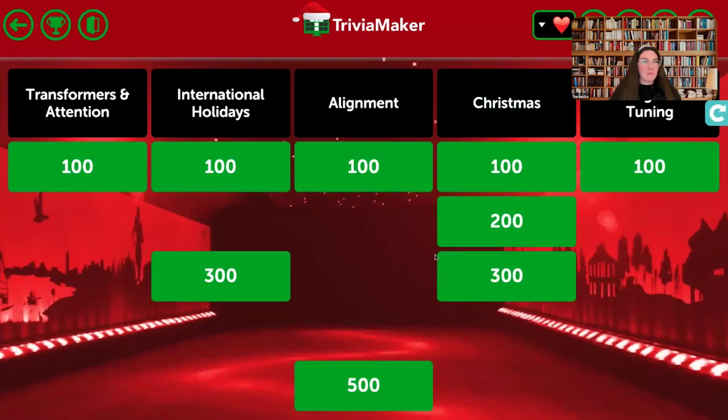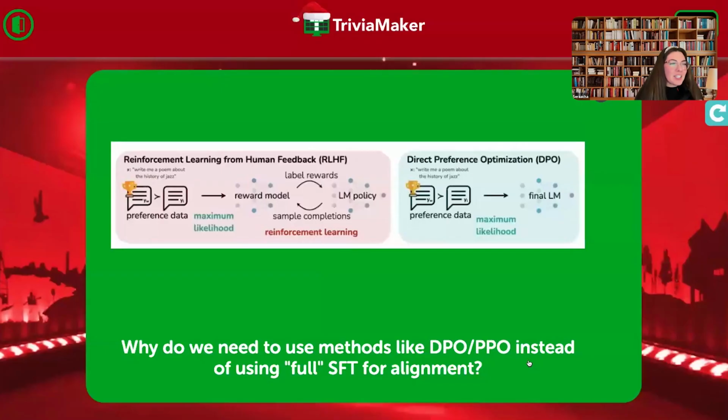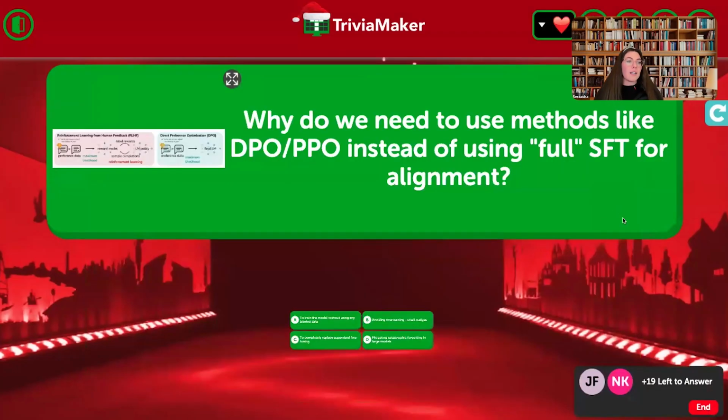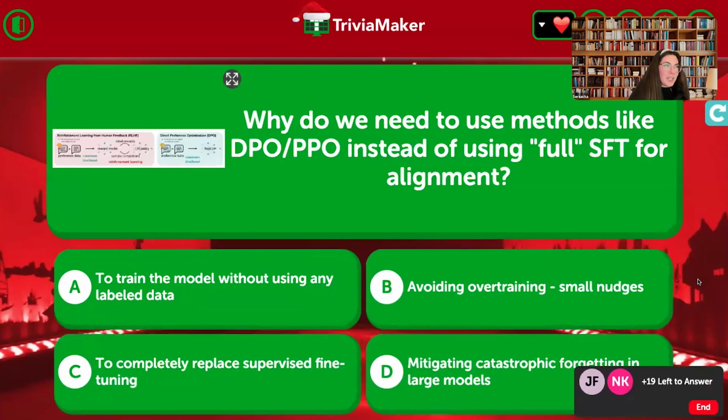Well, I mean, it's got to be alignment for 500. Let's go. Why do we need to use methods like DPO and PPO instead of using full SFT for alignment? This is multiple choice.